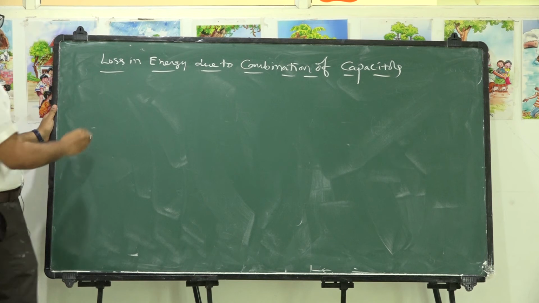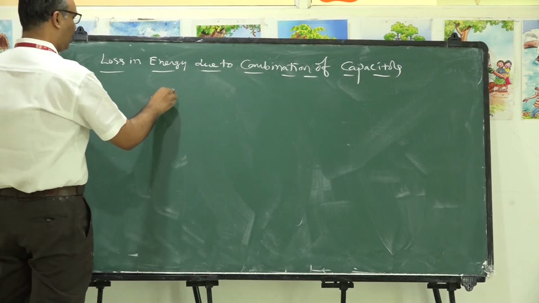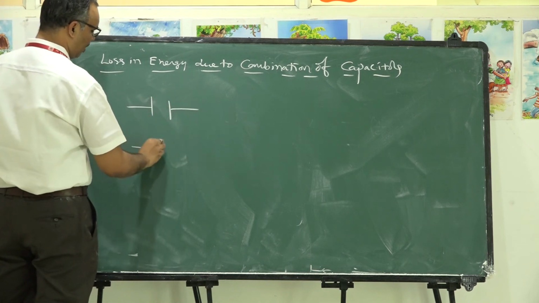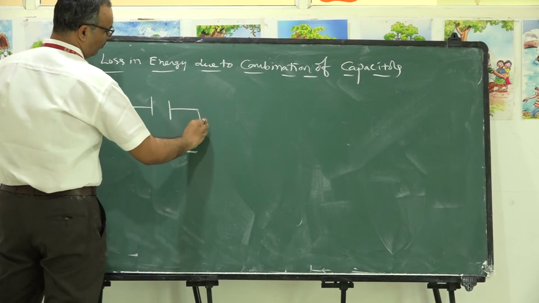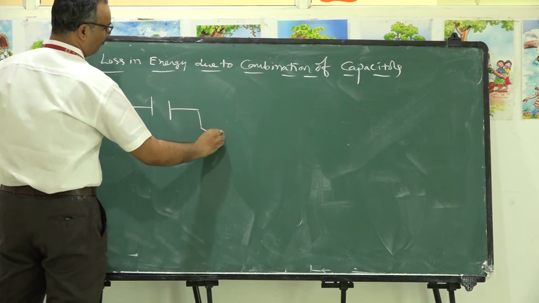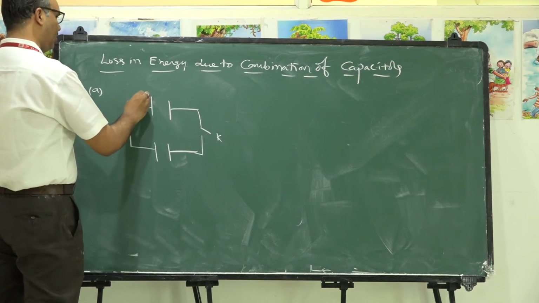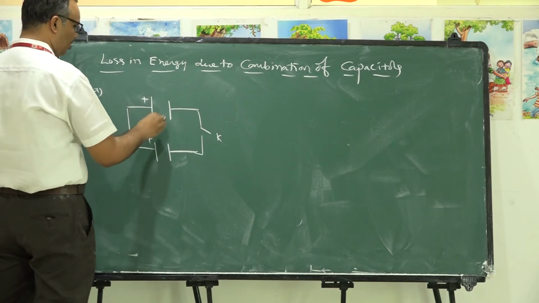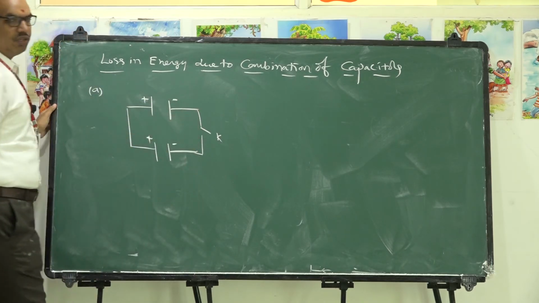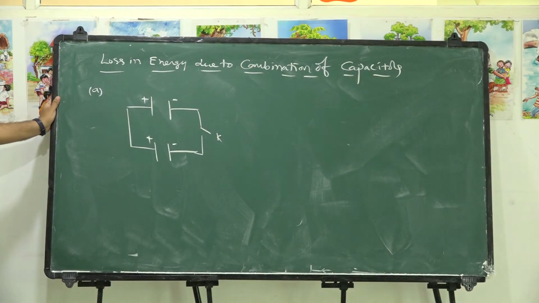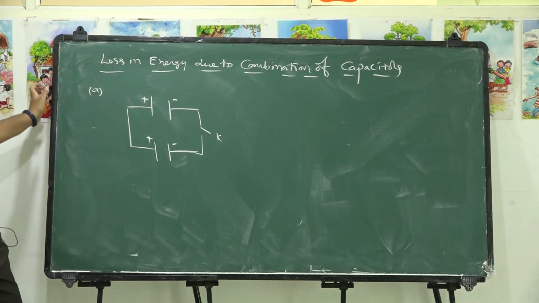I have two situations. The first capacitor is like this. The second capacitor is like this. They are attached by a key such that the positive terminals of the two capacitors are joined and the negative terminals of the two capacitors are joined. This is one kind of combination.